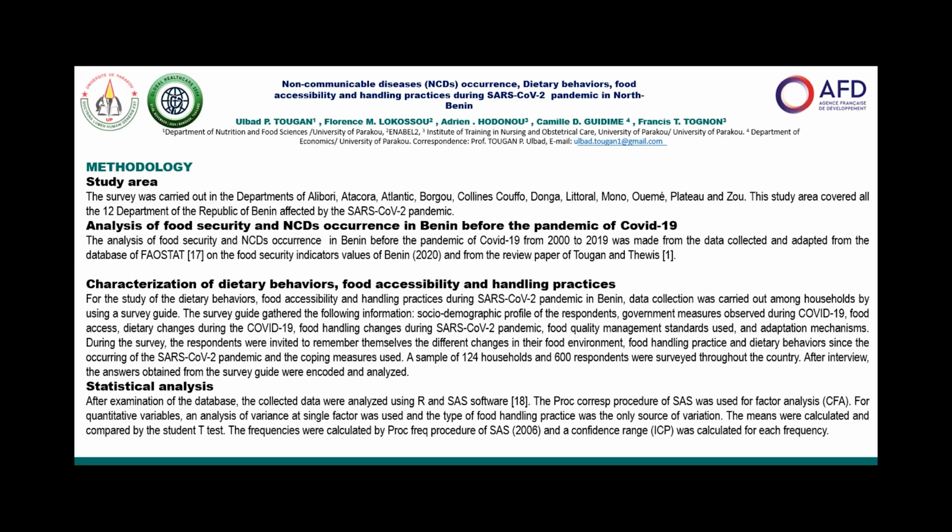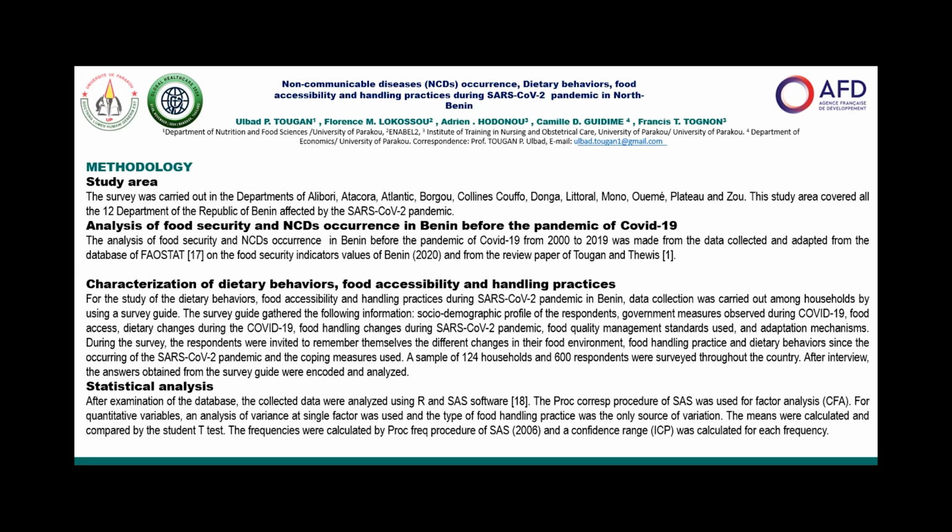After the interview, the answers obtained from the survey guide were encoded and analyzed using the statistical analysis system. After examination of the database, the data were analyzed using R and SAS software.